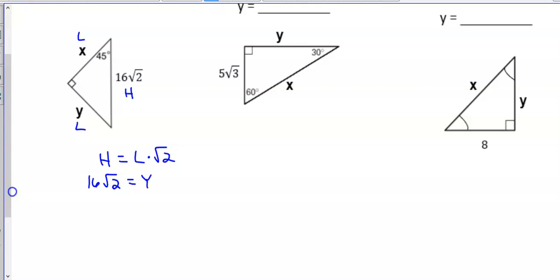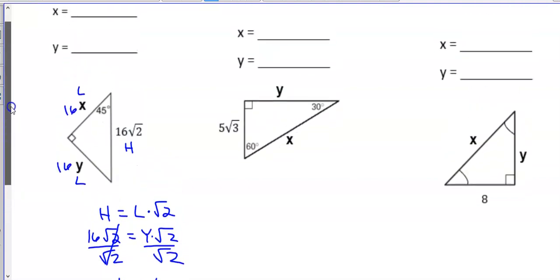We can call it y times the square root of 2. You can tell just by looking: what does y have to be for those to be the same? It has to be 16. Or if you really wanted to solve it, you could divide both sides by the square root of 2. You can see that those are gone. So 16 is y, which means that x is also 16.